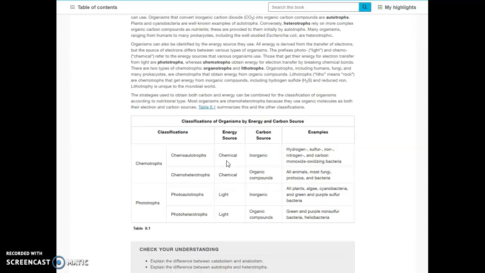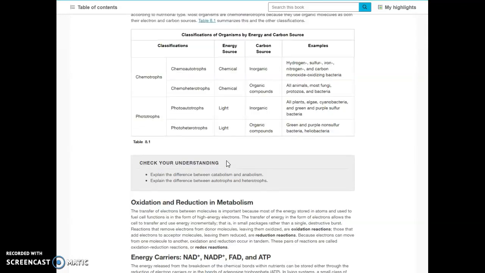Now, when we look at our classification of organisms by energy and carbon source, we're going to see four major classifications here. We see our chemotrophs, and we divide those into chemoautotrophs and chemoheterotrophs, and then phototrophs into photoautotrophs and photoheterotrophs.